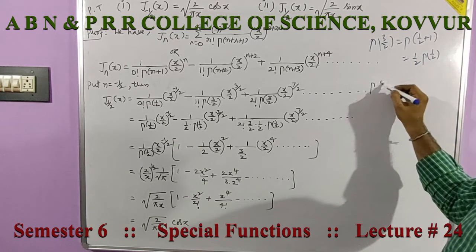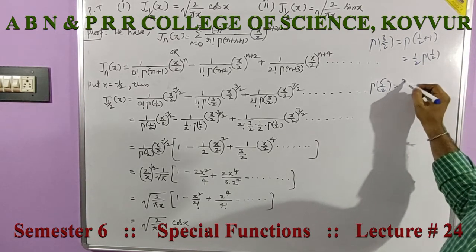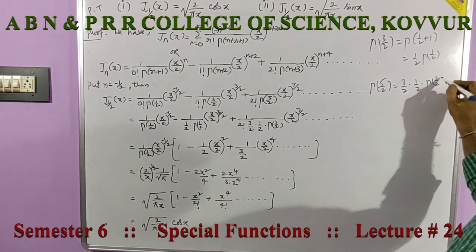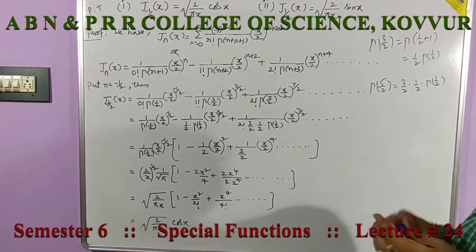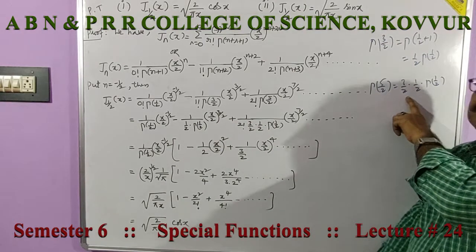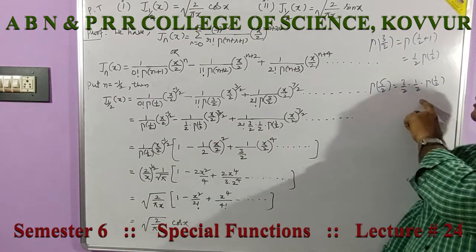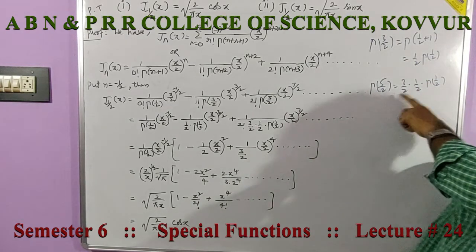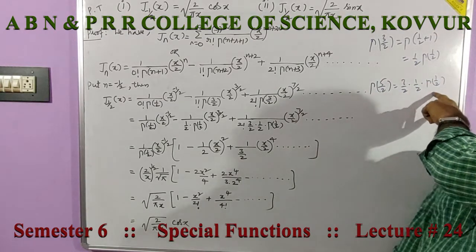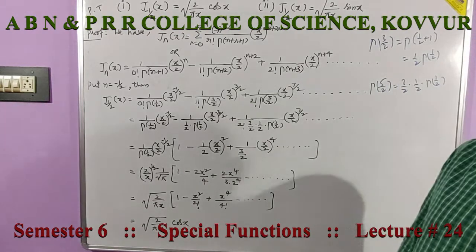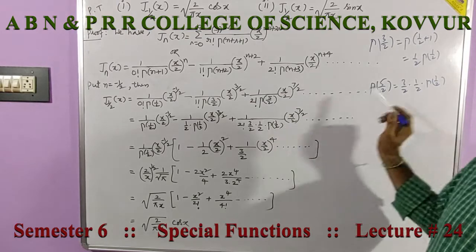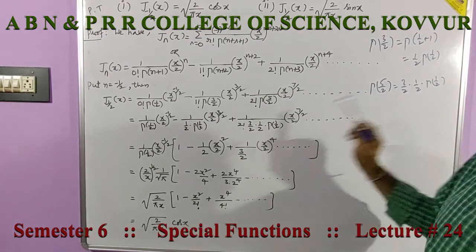In the same way, gamma 5 by 2 is gamma 3 by 2 plus 1, that is 3 by 2 gamma 3 by 2. Gamma 3 by 2 is 1 by 2 into gamma 1 by 2. Therefore, gamma 5 by 2 is 3 by 2 into 1 by 2 into gamma 1 by 2.